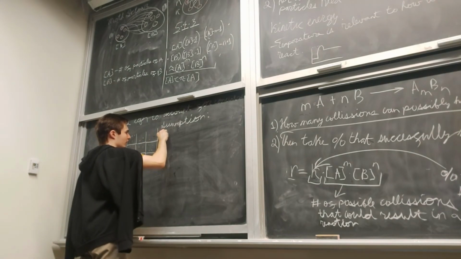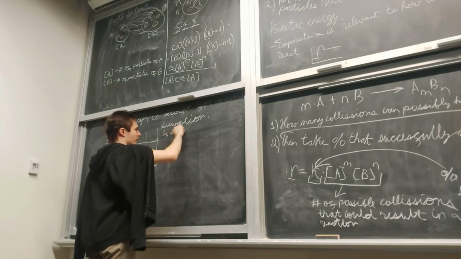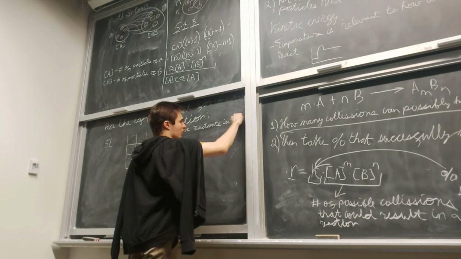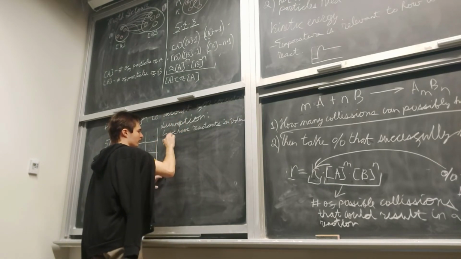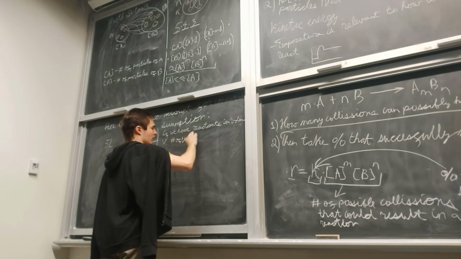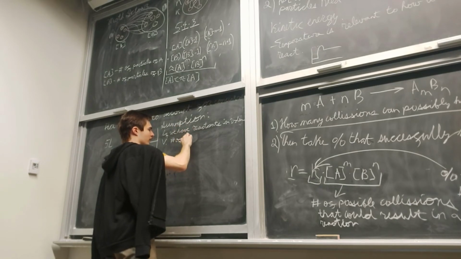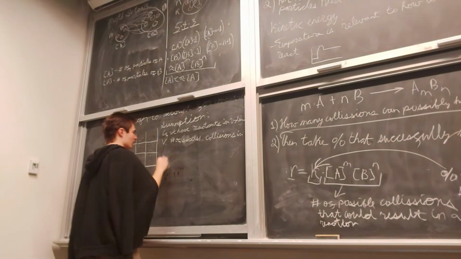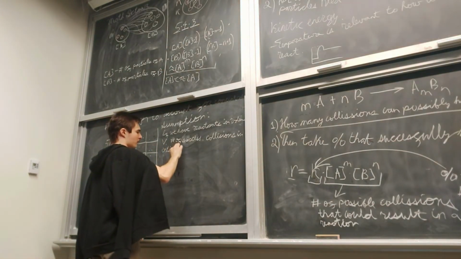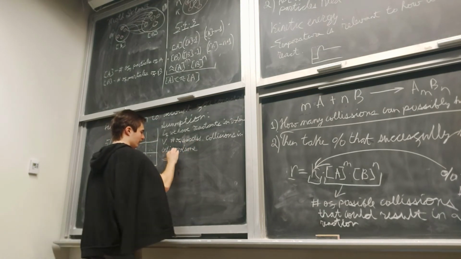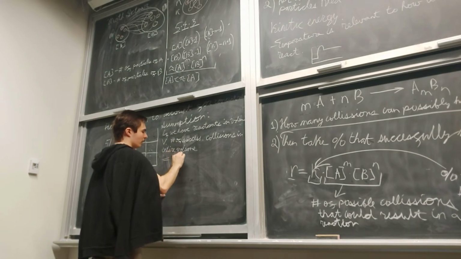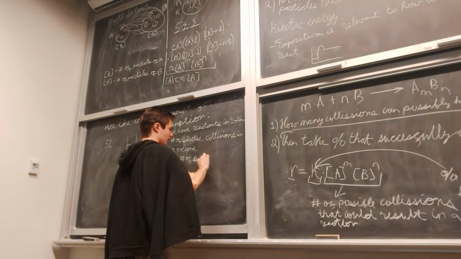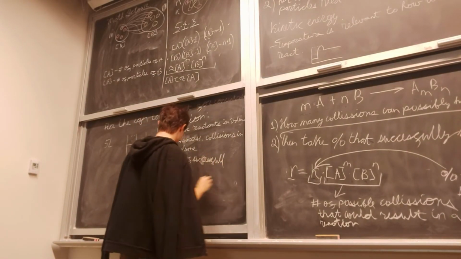If we have reactants in volume V, the number of successful collisions in the entire volume is equal to the volume times the number of successful collisions in 1 liter.